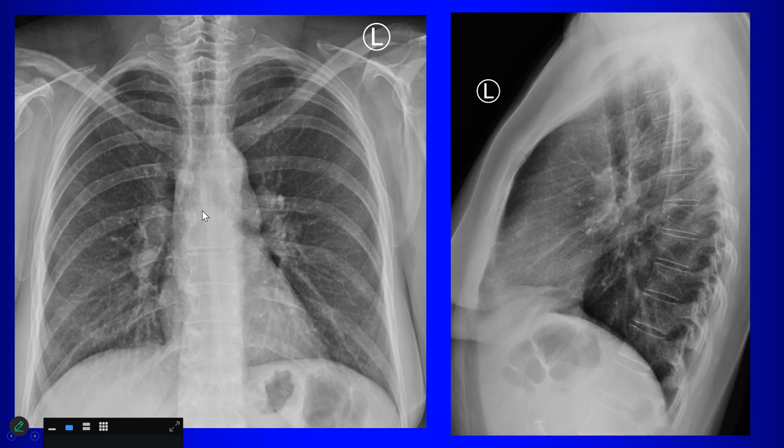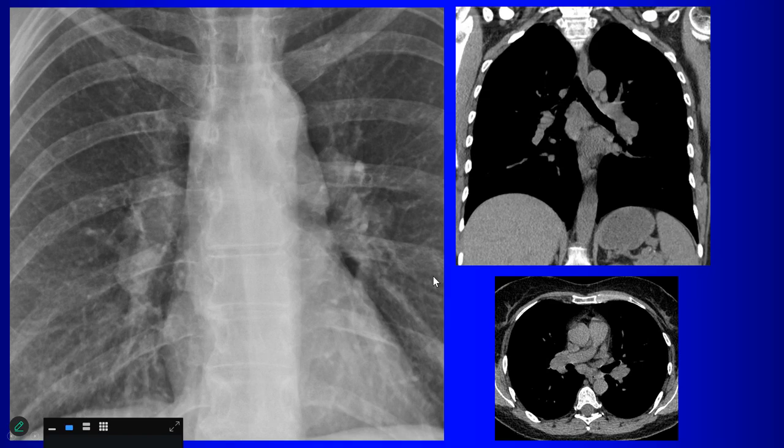So both hila look a little lumpy in this particular case, right? This is a patient with sarcoid. This person has bilateral hilar lymphadenopathy. He also has subcarinal lymphadenopathy. So this is a very lumpy looking hila. This is a patient with sarcoid bilateral hilar lymphadenopathy. Because it looks symmetric, you can miss that.